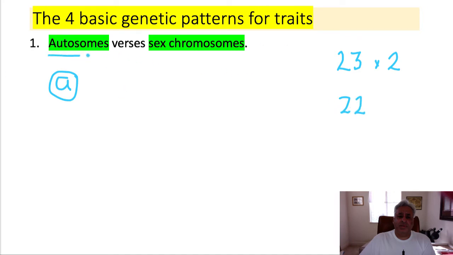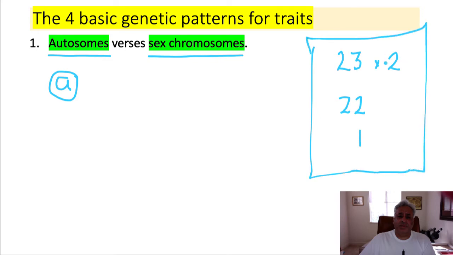I just used this word up here, right? And the remaining one from each parent is called the sex chromosome. There you go. So if you look at the whole condition inside a diploid cell, where you multiply this together, we will have 46 chromosomes inside a diploid cell. That's what this equals to.